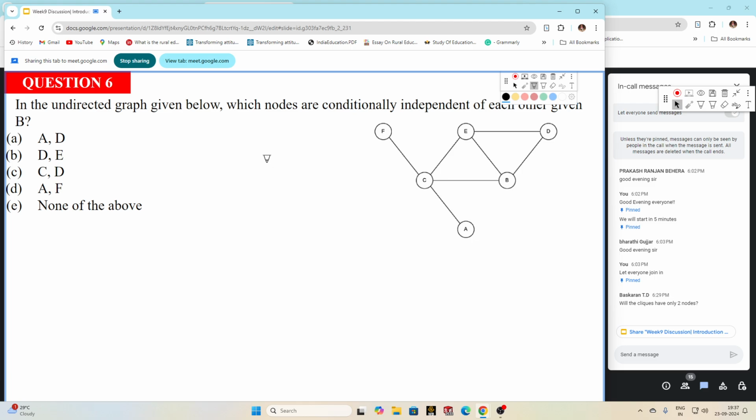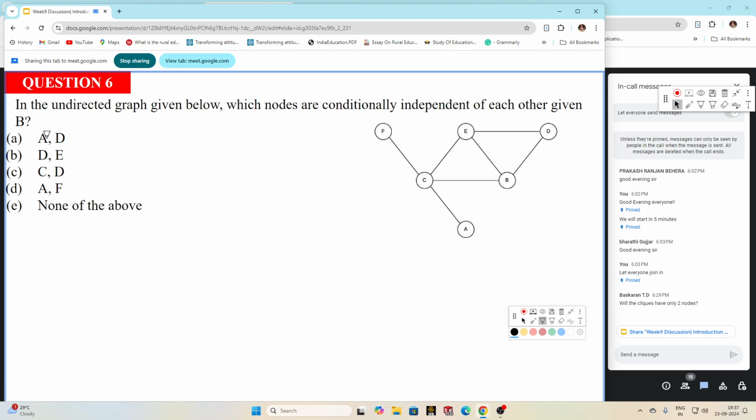Now, in the undirected graph given below, which nodes are conditionally independent of each other given B? We have to see if the path can be traveled or not. If it is blocked, the path cannot be traveled and the nodes are independent. If it is not blocked, the path can be traveled and they are dependent.